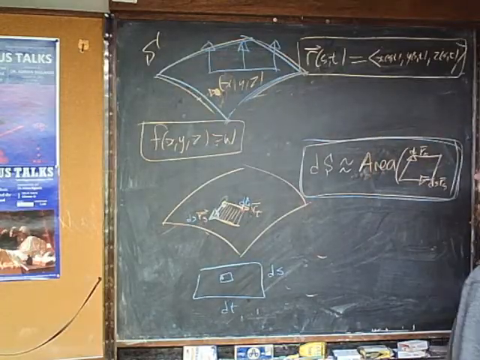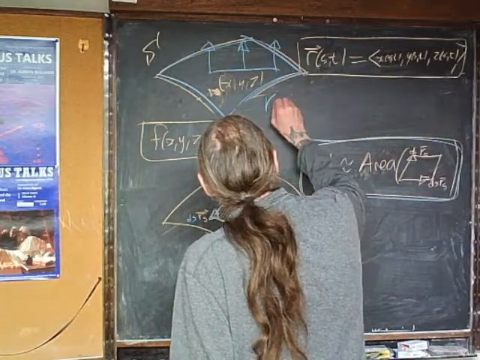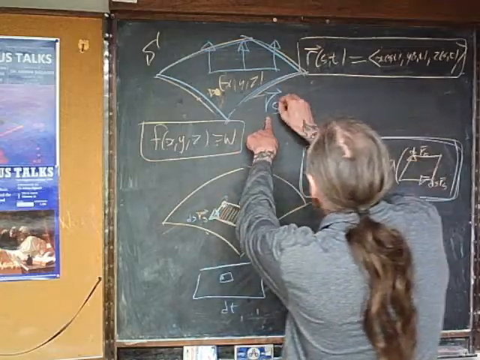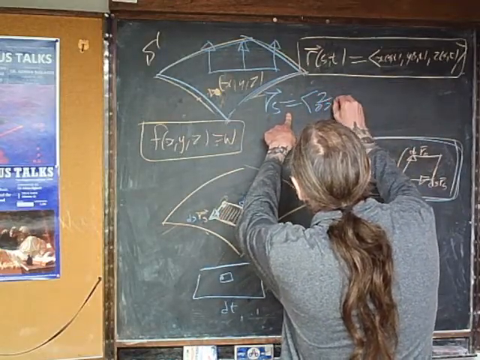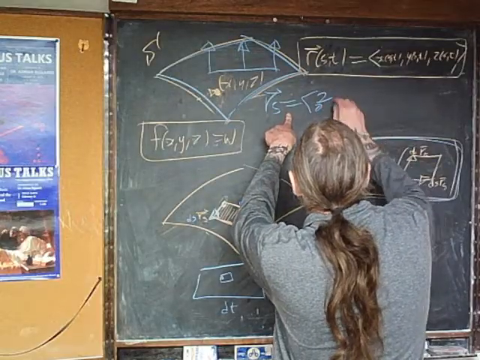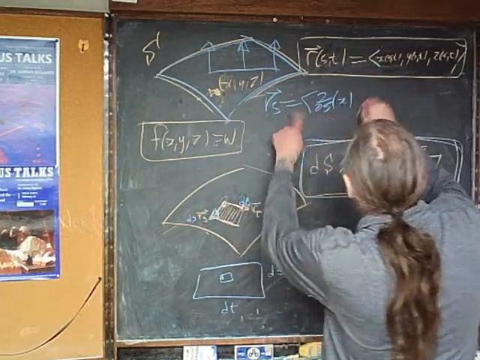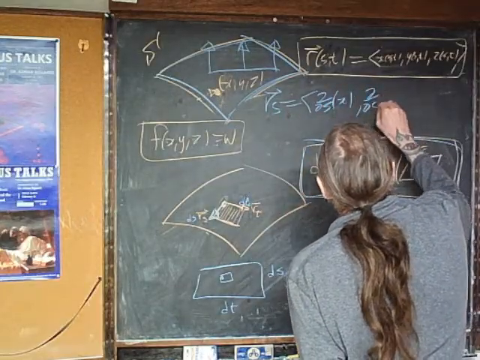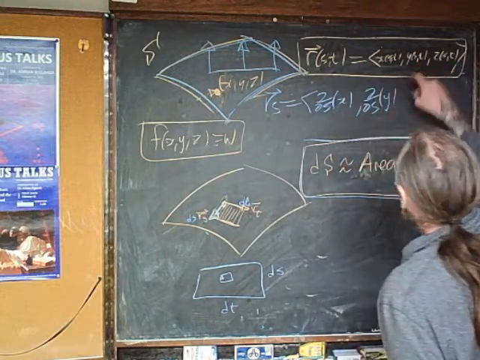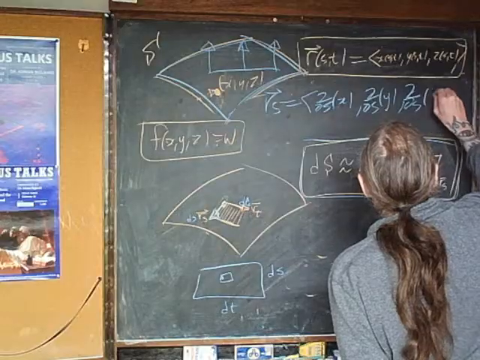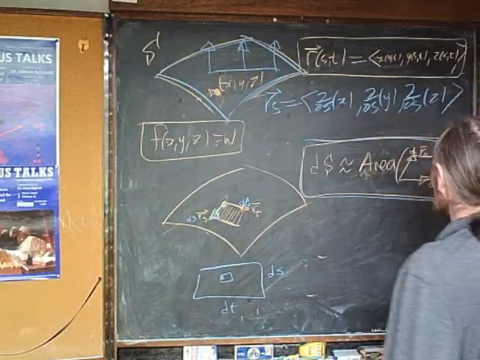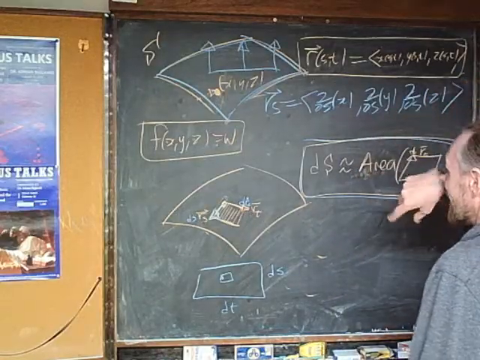Shut up. So our rs is the partial derivatives. What that's going to be is the partial with respect to s of x, the partial with respect to s of y, and the partial with respect to s of z. That's going to give us that vector. I already went back to writing it horizontally, you can see, it's Pavlovian.